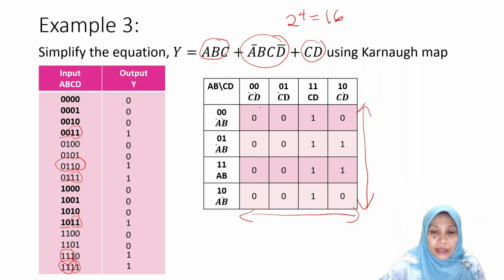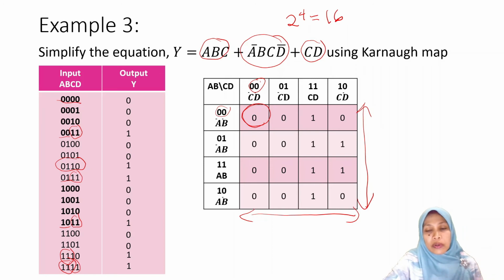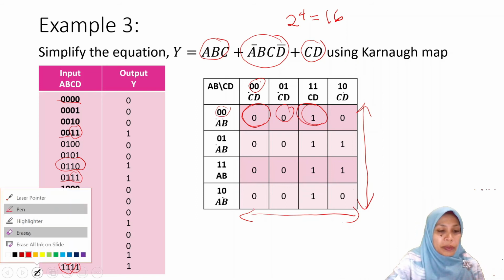For example, this cell represents input 0000, this one. A equal to 0, B equal to 0, C equal to 0, D equal to 0. And this cell represents input 0001, this one. And then this cell represents input 0011, this one.